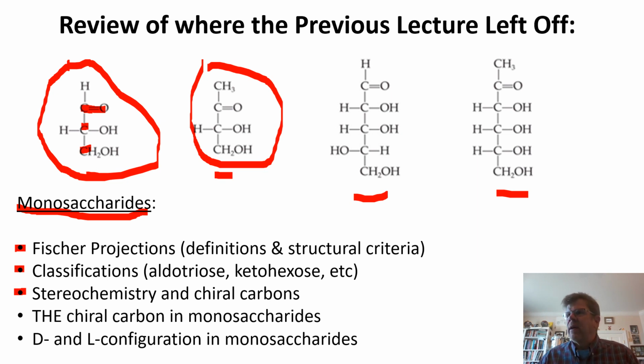In a molecule that can bear stereochemistry, the carbon from which all bonds emanate is known as a chiral carbon, and we were able to determine what is a chiral carbon and what is not.